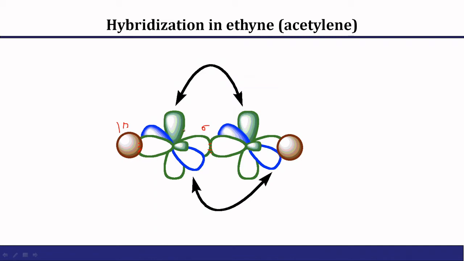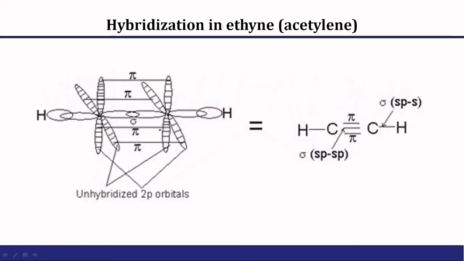Now we have two more unpaired electrons on the 2py and 2pz orbitals. Both are perpendicular to each other. These will be involved in pi bond formation. See here, this picture exactly shows how the sideways overlap occurs, by the sideways overlap of unhybridized 2p orbitals.